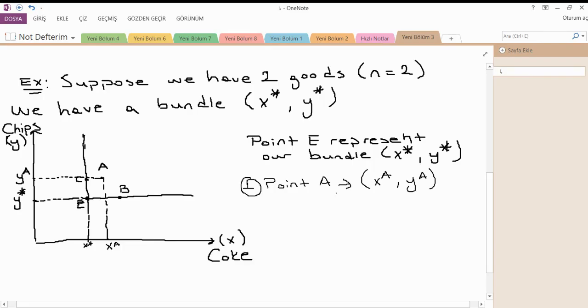Let's look at the quantities XA and YA correspond to. As you see, XA is bigger than X star, and YA is bigger than Y star.